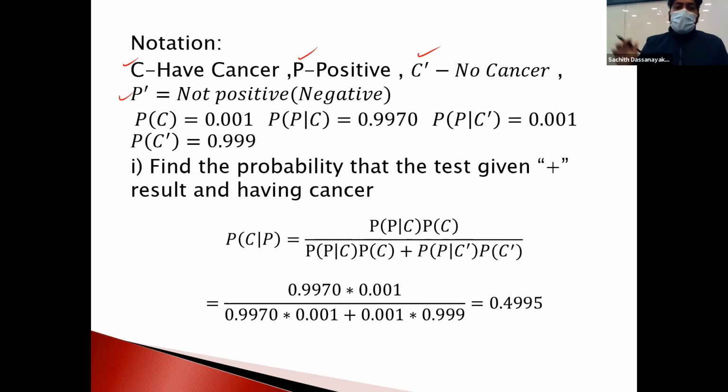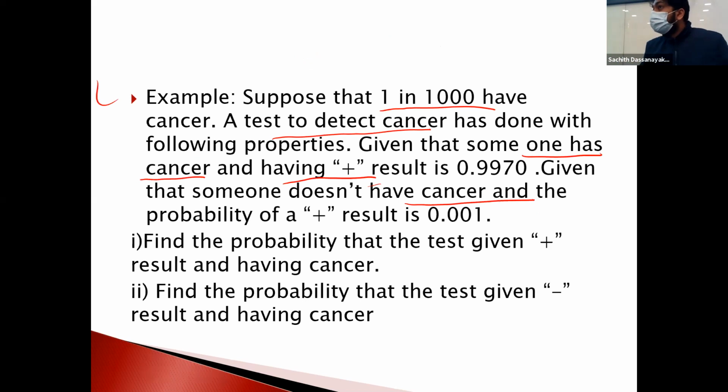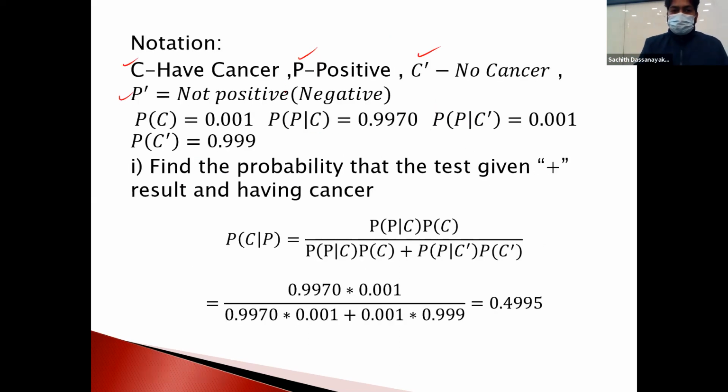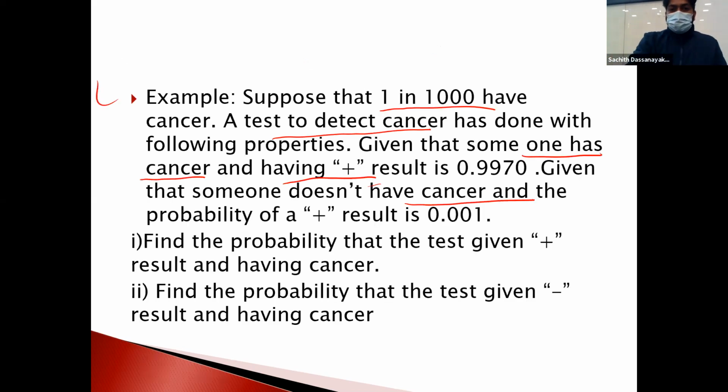Okay, so what is the probability of having cancer? 1 in 1000, right? 1 in 1000 means 0.001, given. Then the probability of positive, the probability of having a positive result given that we have cancer. We already know we have cancer, and the result says yes, you have cancer. The probability is 0.997.